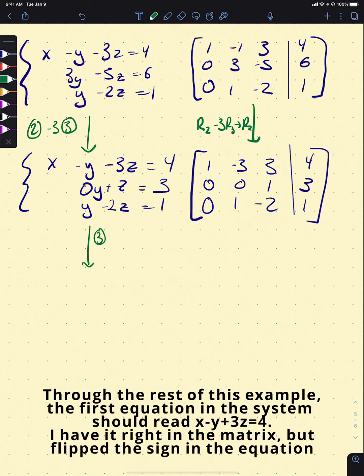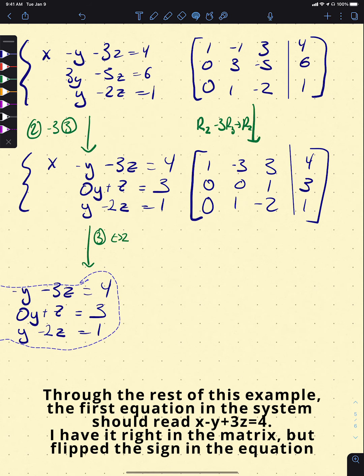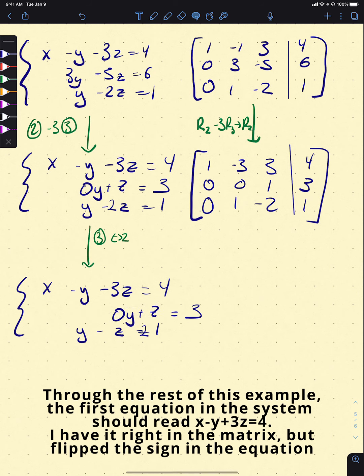If we swap equation 3 with equation 2, we're going to get the following system, where I'm going to once again abuse my ability to copy paste and to move things around.